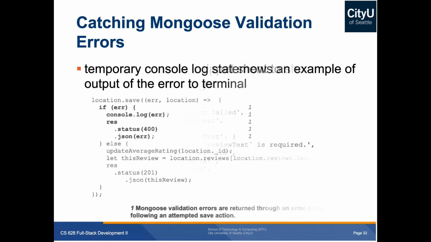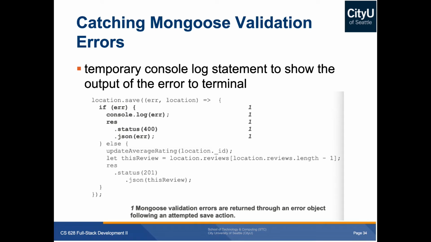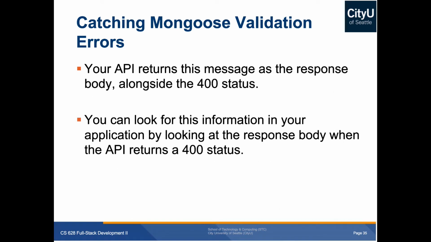Something like that. Okay, so you can also console log, so that people can check in the browser or in the terminal. Console log. So if there's any error, show the error. And we've done this before, we have been throwing errors. The API returns this message as the response 400.